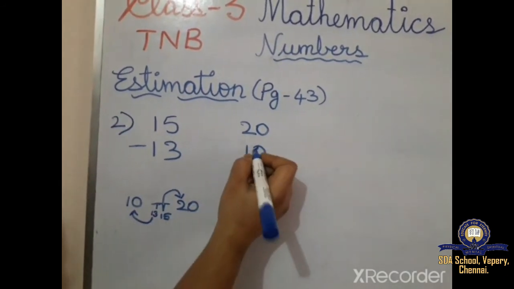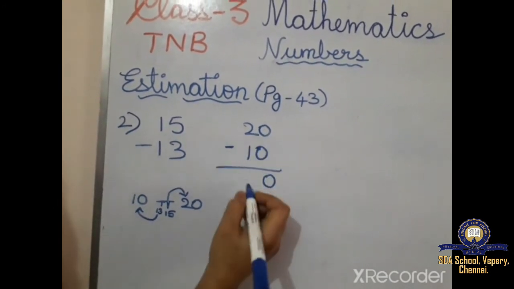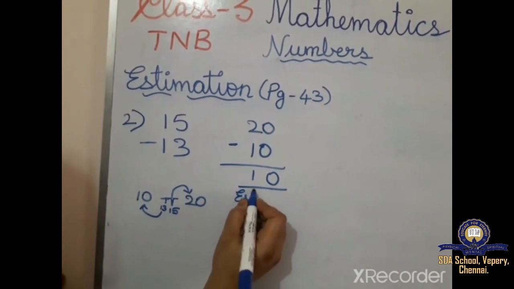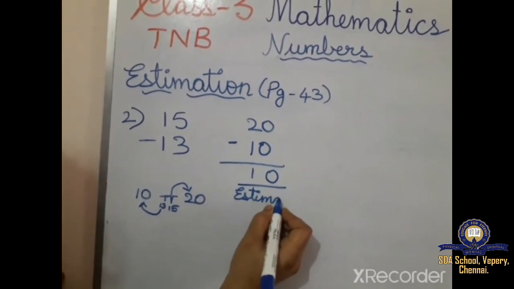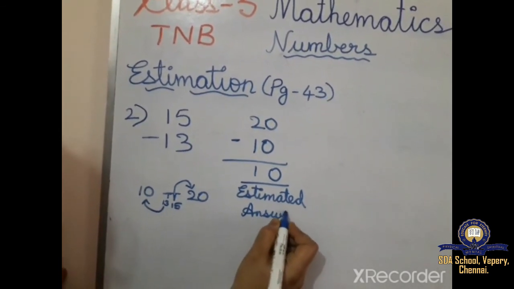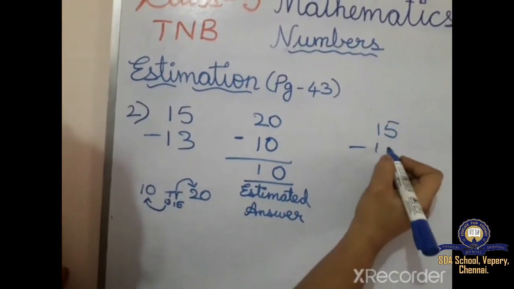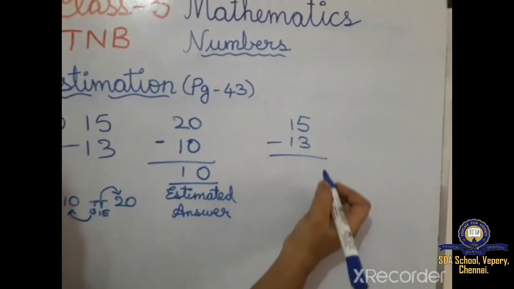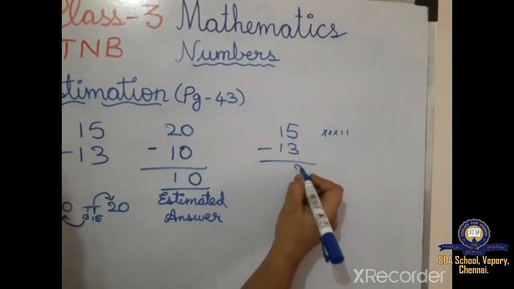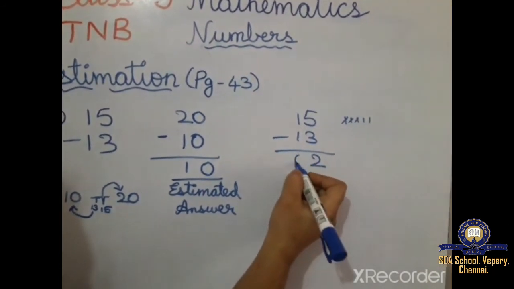Now here minus. 0 minus 0, 0. 2 minus 1, 1. This is the estimated answer. Now what is the actual answer? 15 minus 13. 5 minus 3, 2. 1 minus 1, 0.